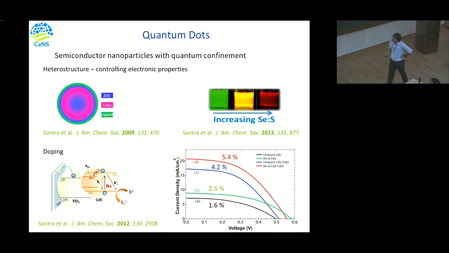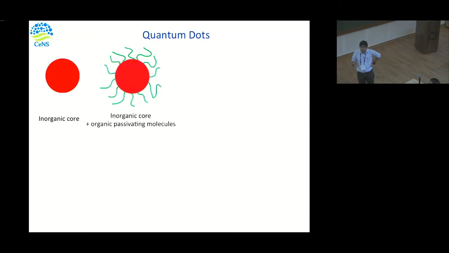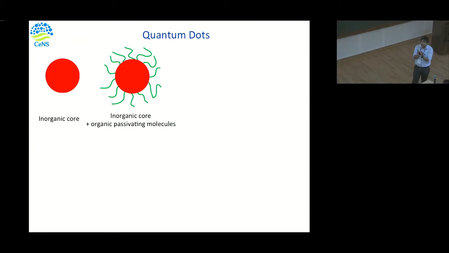Okay, so when we are talking about quantum dots, then most of the time we are talking about the inorganic part. But in the chemical synthesis process, there are always these organic molecules which we call the passivating molecules. They're around this inorganic core, and these passivating molecules basically alter a lot of properties.